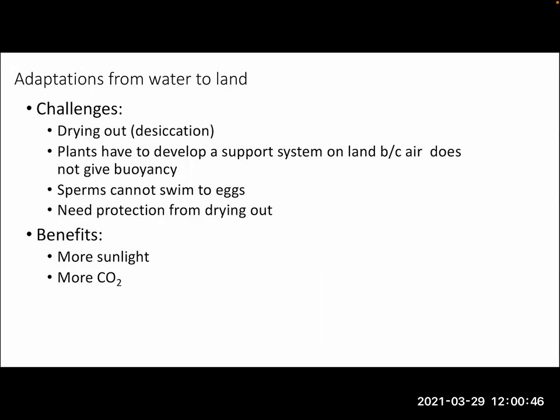Also, the sperm in earlier plants are not able to move unless they were in a water layer or a water film. So the sperm would swim to the eggs.